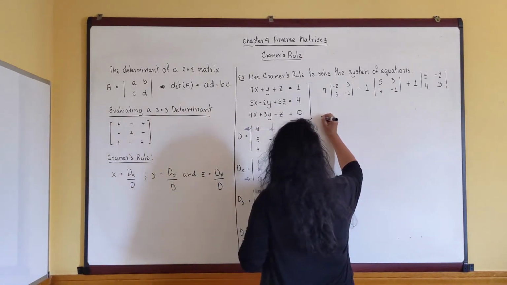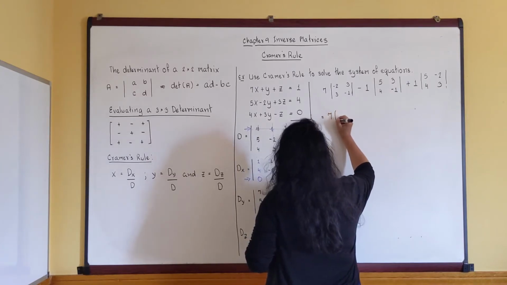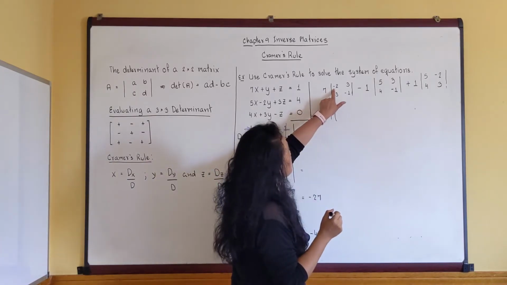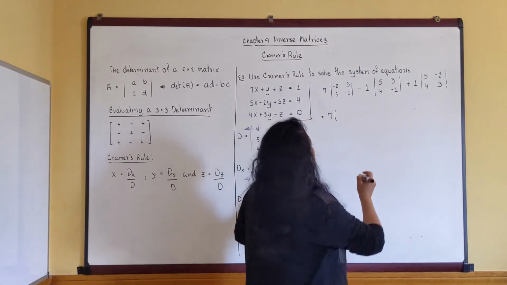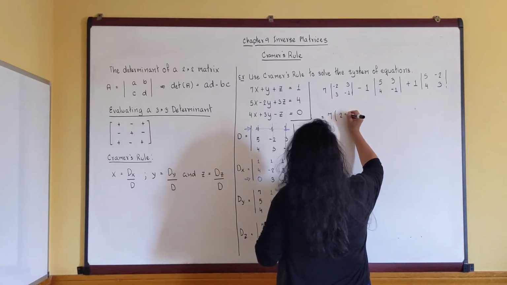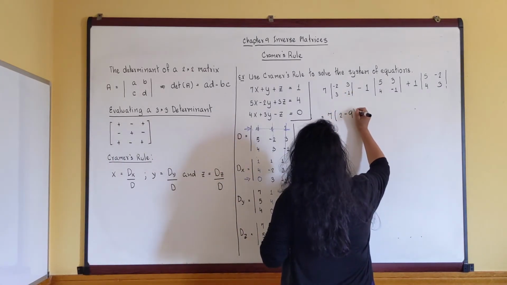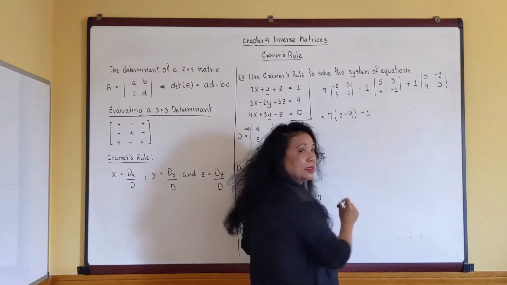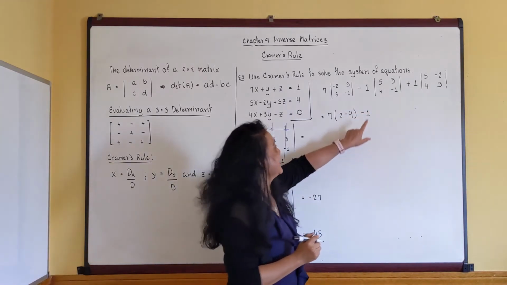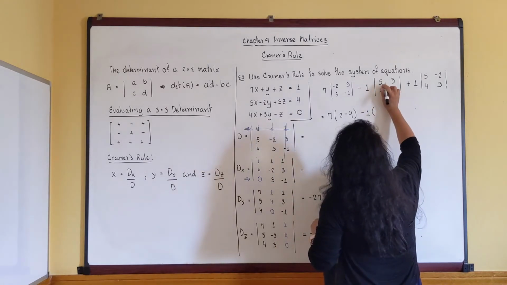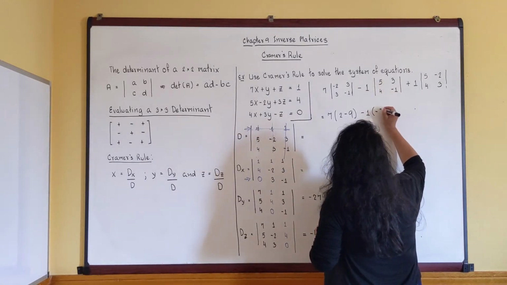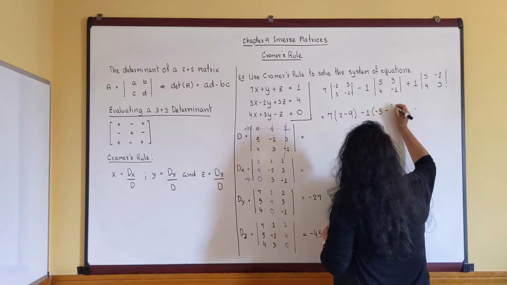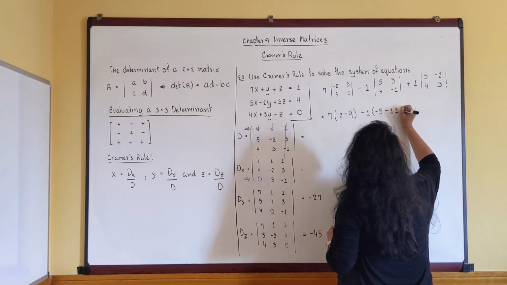So I'm going to have 7 times negative 2 times negative 1 is 2, minus 3 times 3 is 9, which is negative 7. Minus 1 times 5 times negative 1 is negative 5, minus 4 times 3 is 12, which is negative 17.